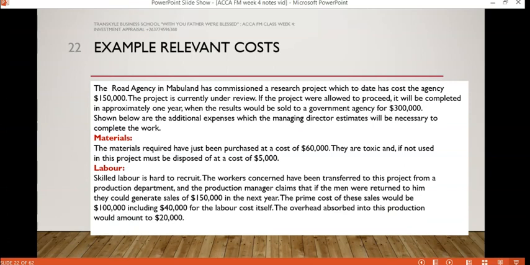These materials are toxic and if not used in this project must be disposed of at a cost of $5,000. $5,000 is a future cost which can be incurred if we do not carry on with the project. But we want to carry on with the project. So therefore, this potential cost could be a cost saving.